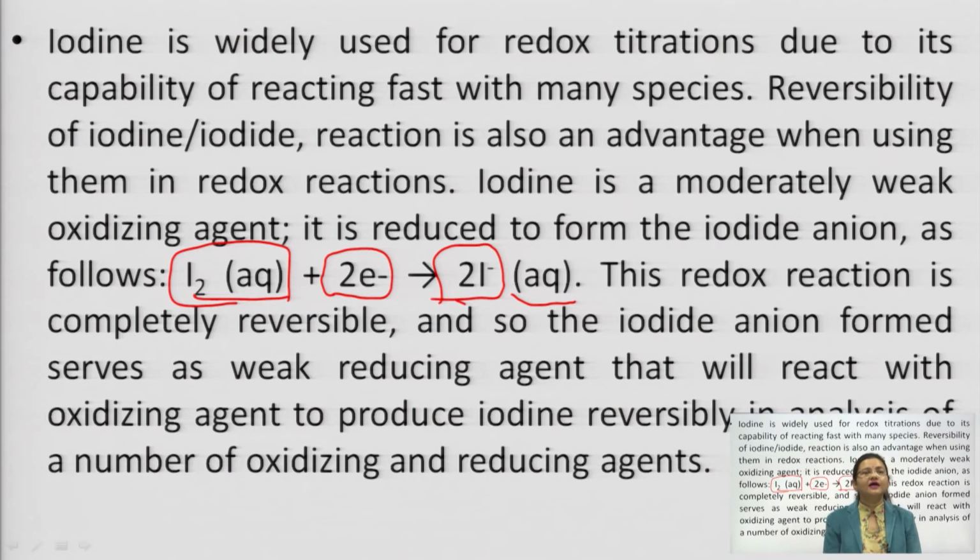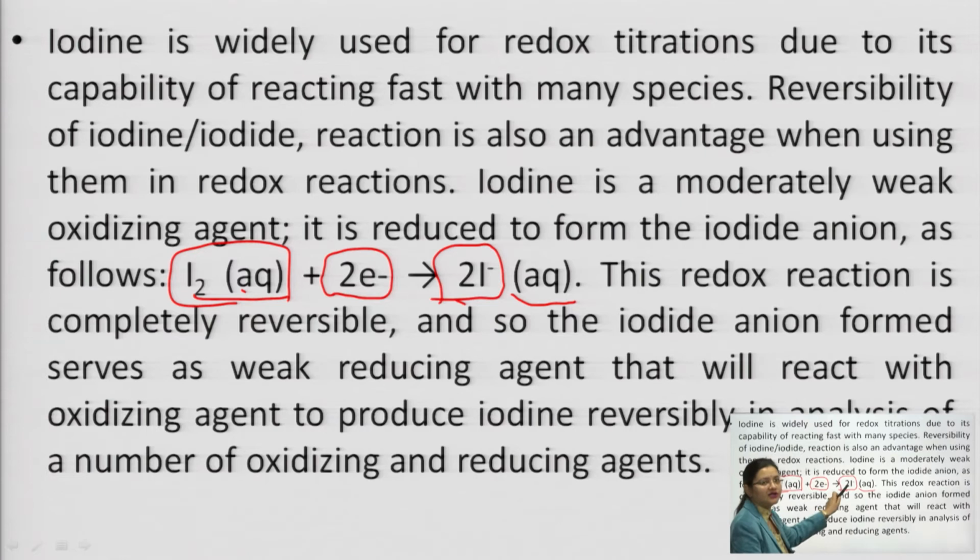So the iodide ion formed serves as a weak reducing agent that will react with an oxidizing agent to produce iodine reversibly, and thus it reacts with a number of oxidizing and reducing agents. This is the applicability of iodine or iodide ion. We can see that this is a reversible reaction.